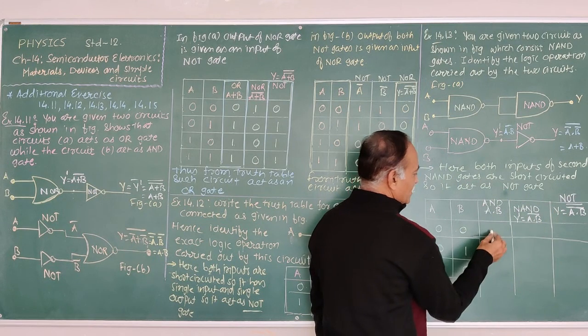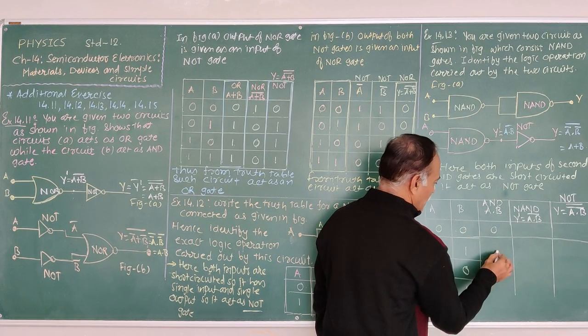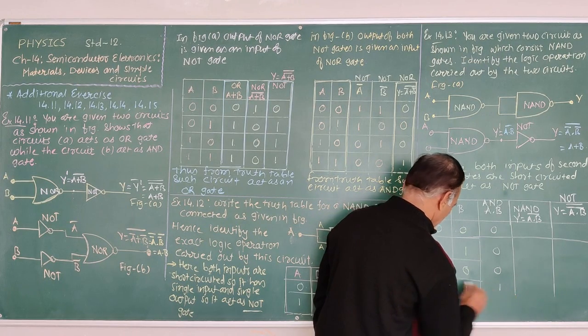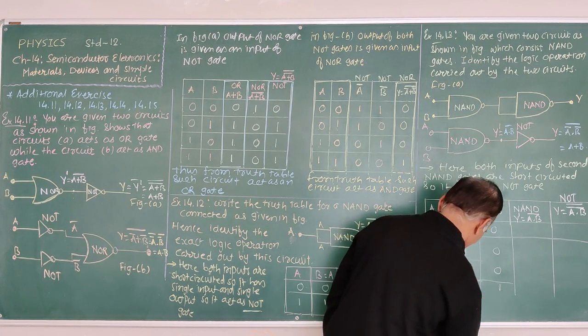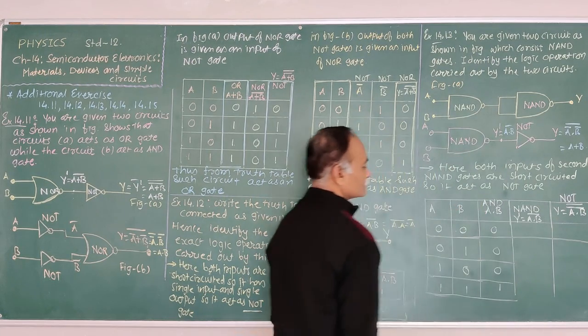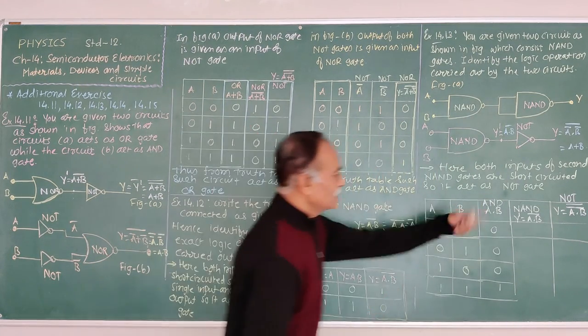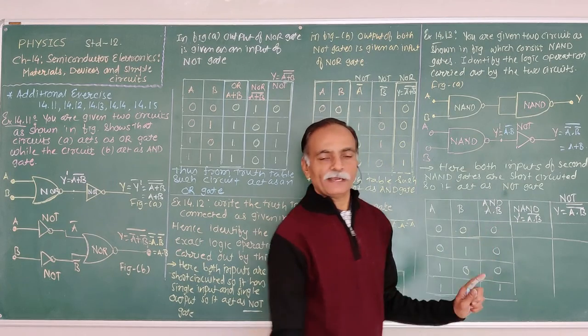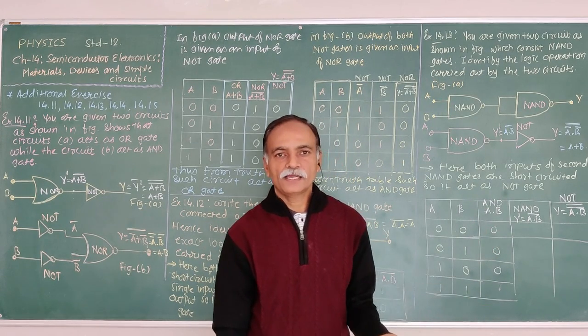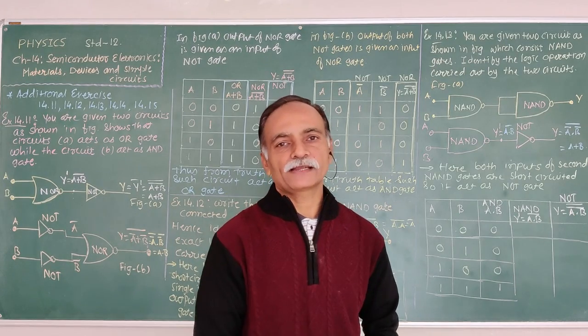Now here there is 0, 0, therefore 0. 0, 1, 0. 1, 0, 0. 1, 1, 1. Now for the NAND gate. The NAND gate is made by giving the output of the AND gate to the input of a NOT gate.